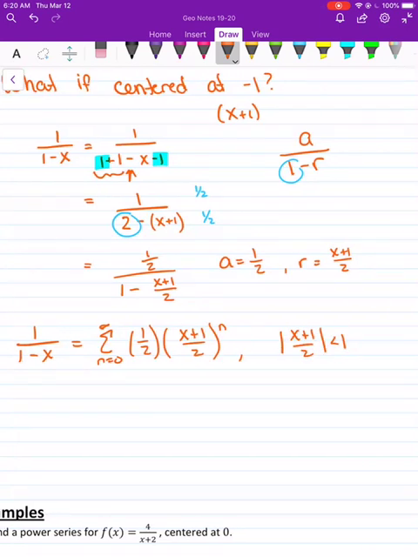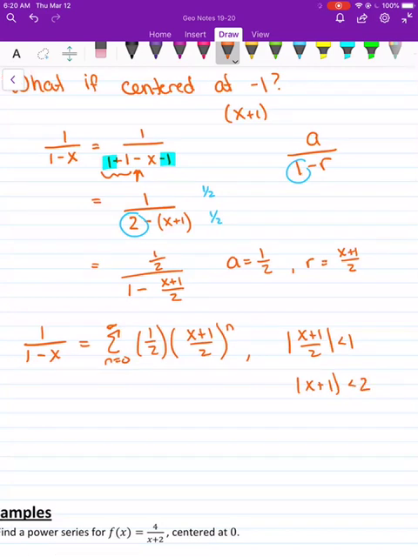which if I wanted to make this look more like my radius of convergence inequality, I see that x plus 1 is less than 2. So I know that now I have a radius of convergence of 2.